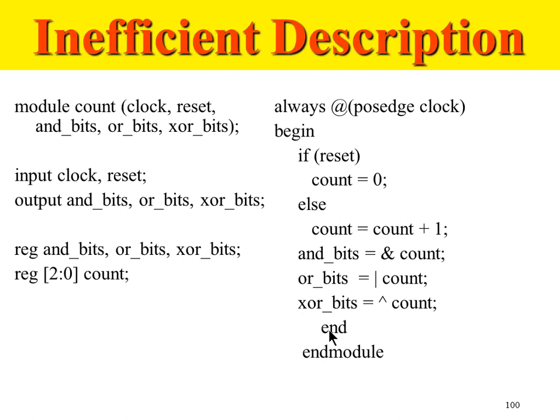Can I use case statements? If this is the case, then AND. If this is the case, then OR. And if this is the case, then XOR. How will you use a case statement? A case statement is normally used, as we saw earlier, in the case of state machines, right?